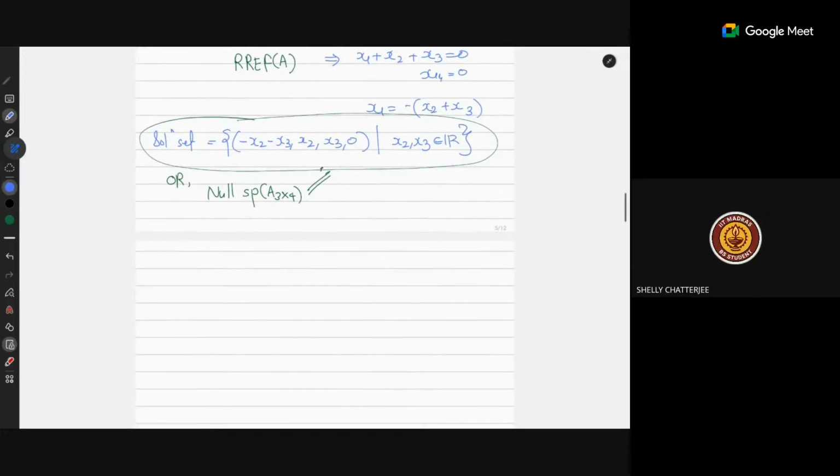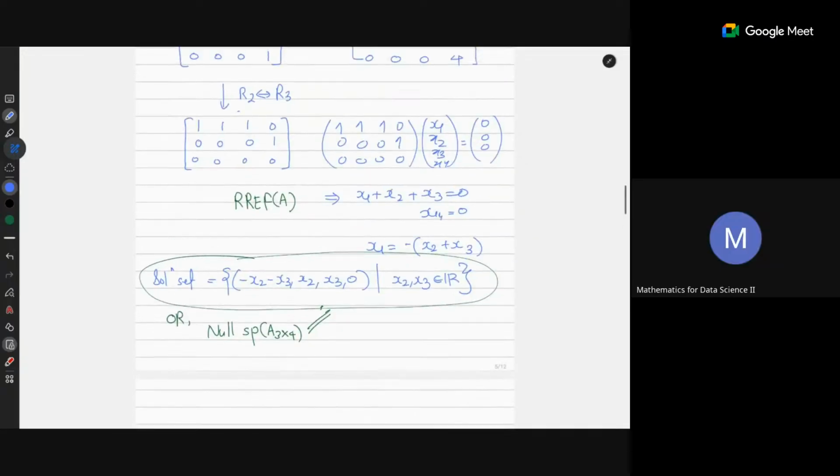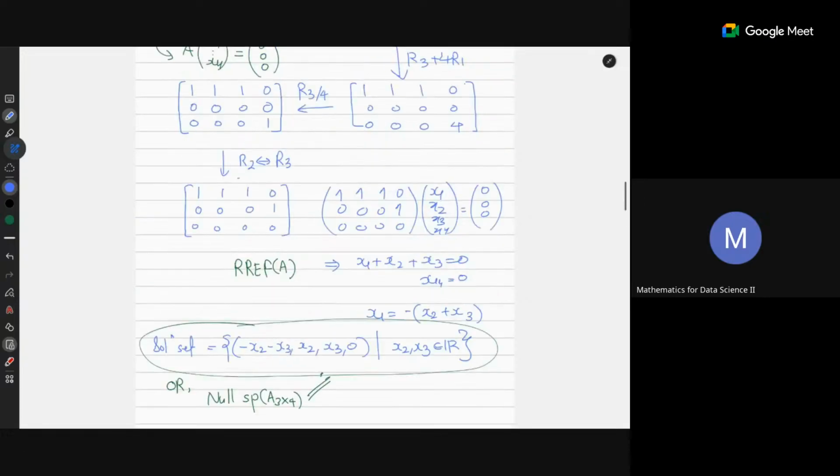Sir, could you please explain that part in which you find the dependent variable and independent variable? We have already recalled what a dependent and independent variable is. When you solve a system of equations, what is a dependent variable?